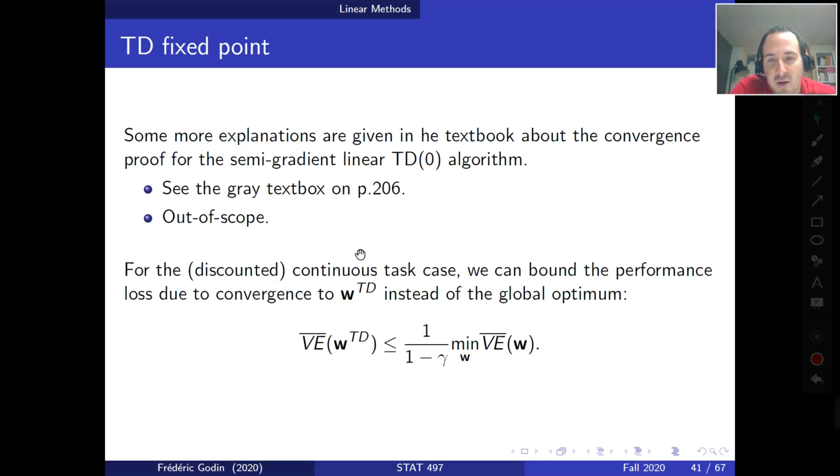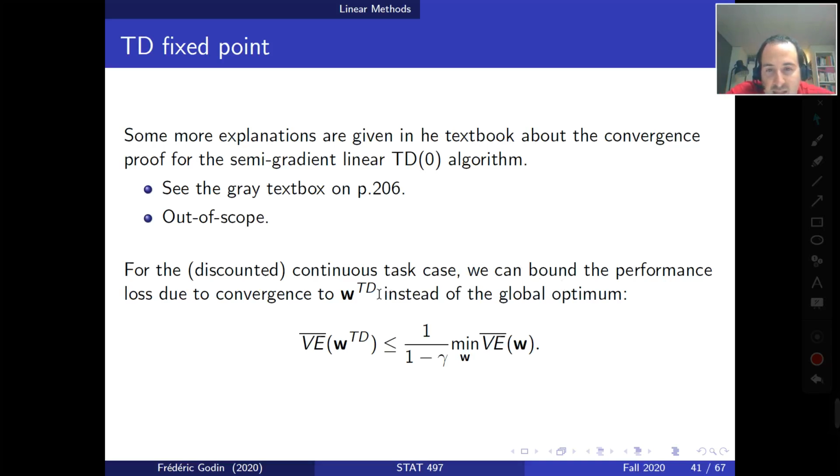So if we have a continuing task, a discounted continuing task, so the discount factor is smaller than 1, and there's no end to the episode, then we can have a bound which characterizes the loss of performance due to convergence to the TD fixed point instead of the global optimum.